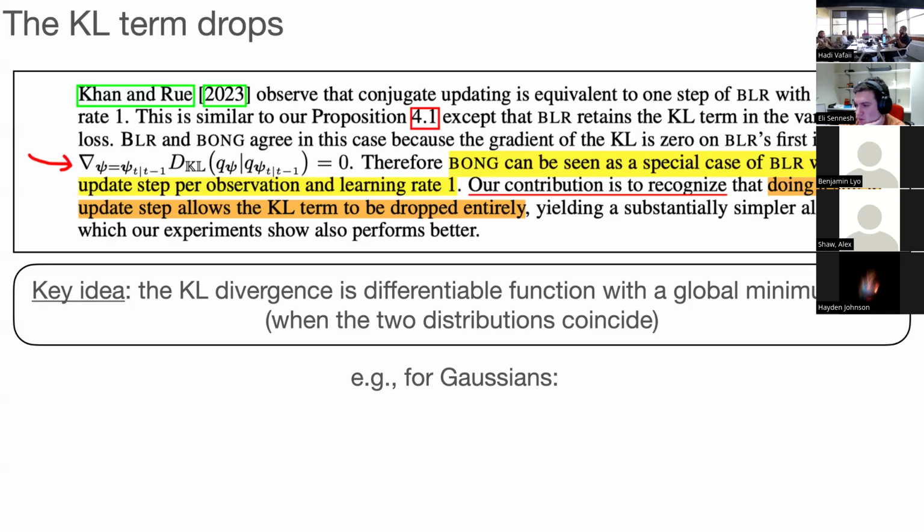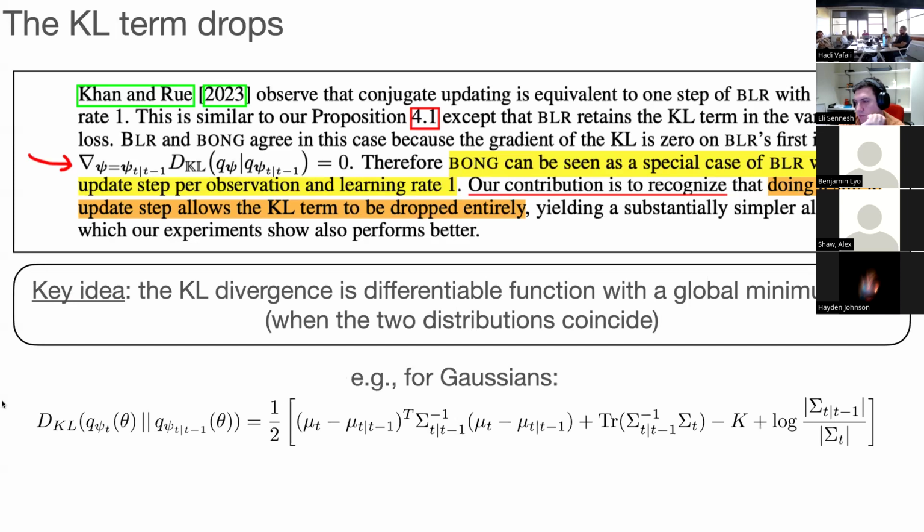BONG has only Gaussian variational distributions. If you write it out explicitly like this, this is the posterior, this is the prior, and these are the parameters associated with the mean and the covariance of the prior and the posterior. Looks complicated, but actually it's not that complicated. Now let's compute the derivative of this thing with respect to both mu and the covariance, because those are our variational parameters.